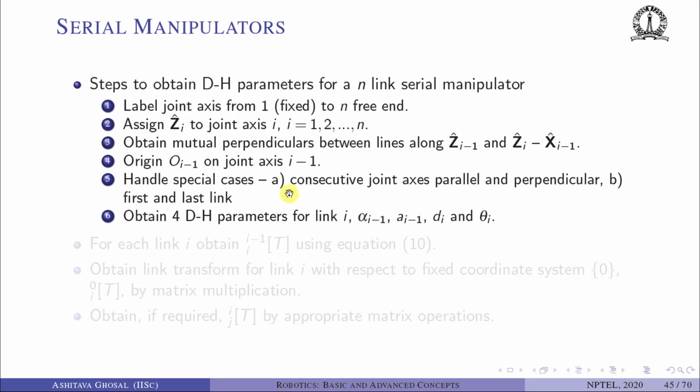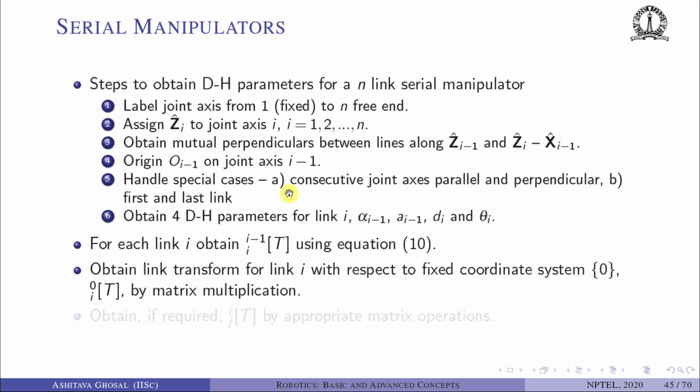Okay, so with these 4 DH parameters, I can obtain the link transformation matrix of i with respect to i minus 1 using equation 10. We'll come back to this equation 10 once more. And once we obtain this link transformation matrix, we can find any link with respect to the fixed coordinate system.